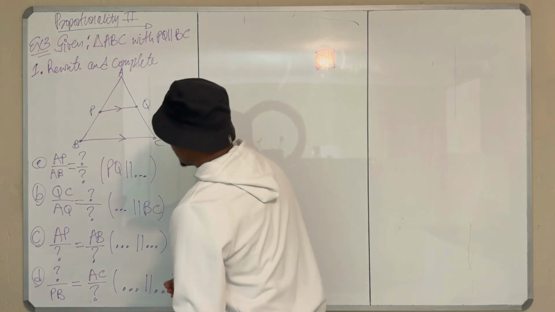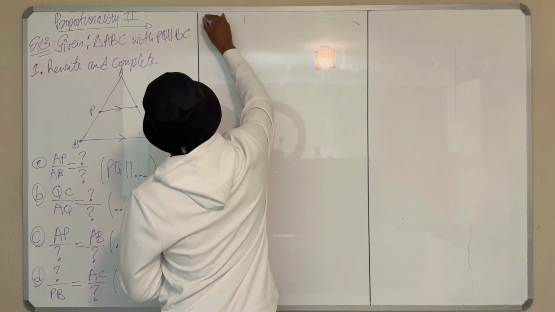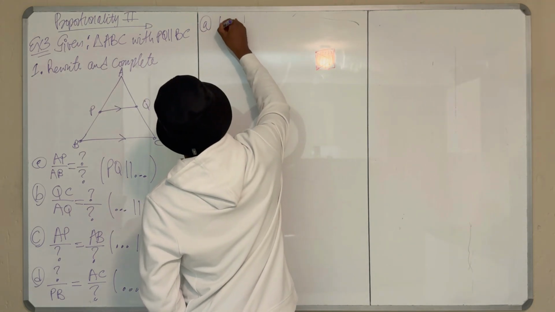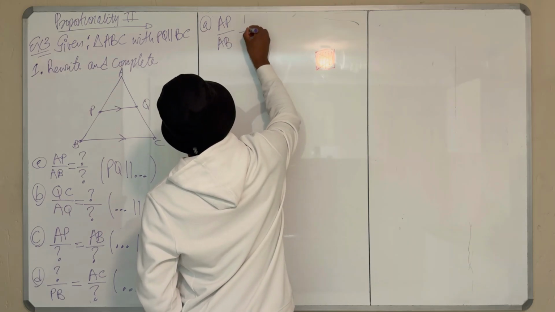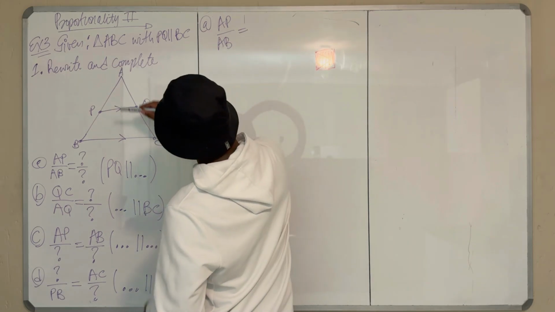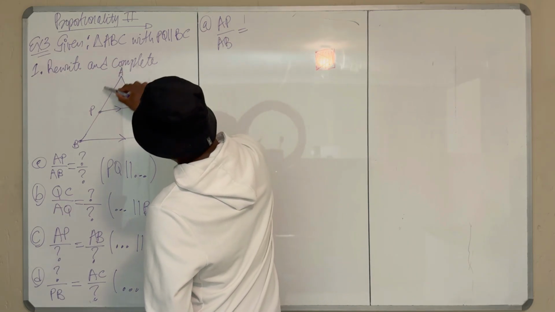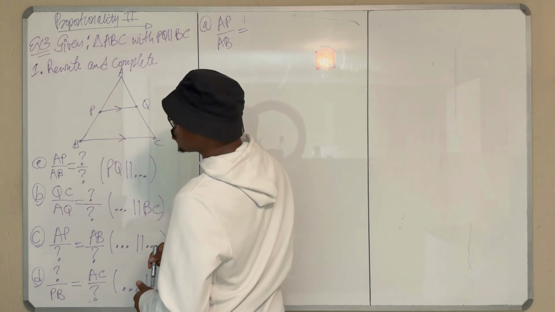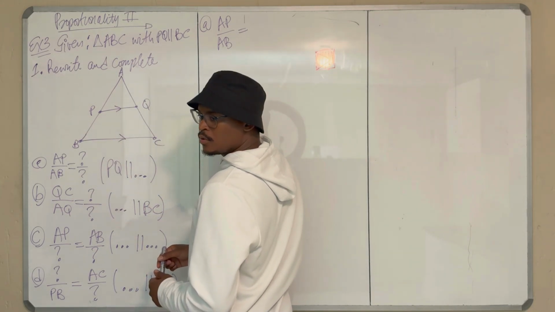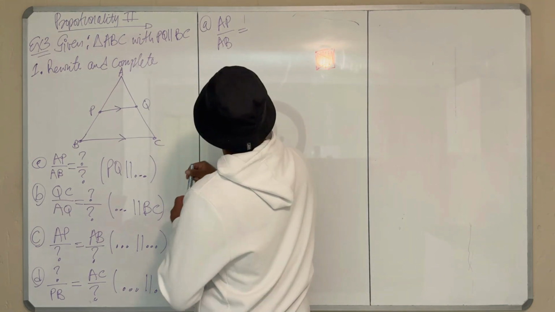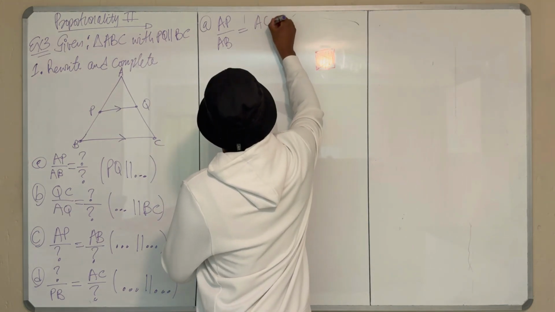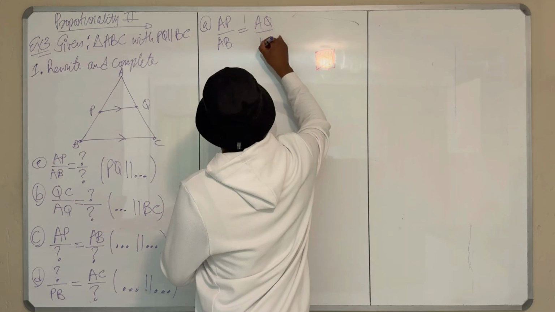So now, at A, what do we have? We have AP over AB is equal to, let's look at AP. AP is the top over the entire side. What is it going to be equal to? It's going to be equal to AQ over AC.